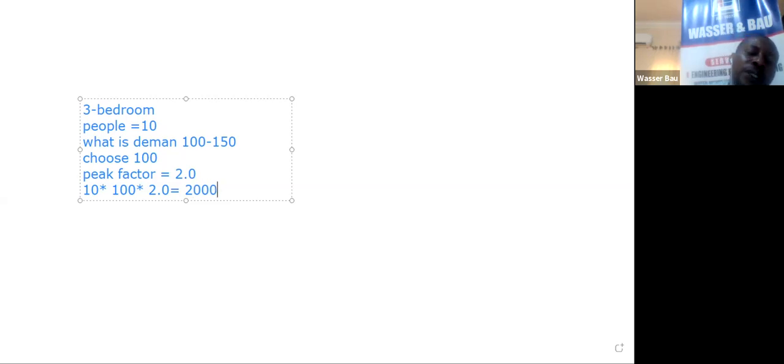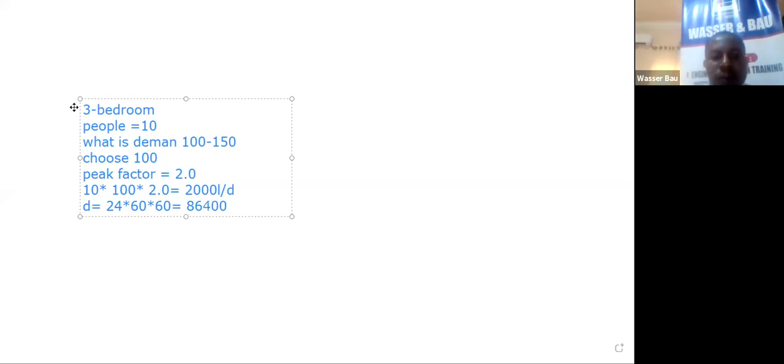We're going to get 2,000 liters per day. But a day is equal to 24 times 60 times 60, which is 86,400 seconds.